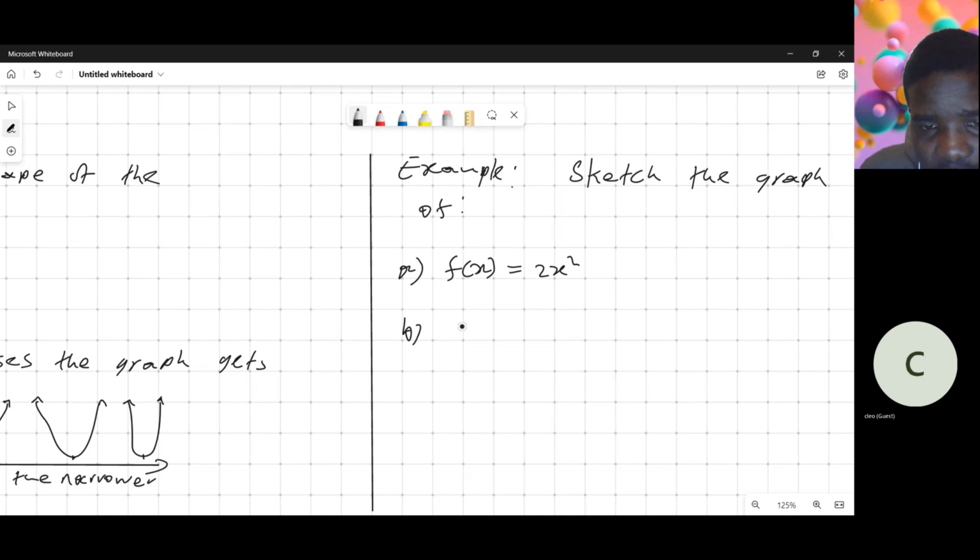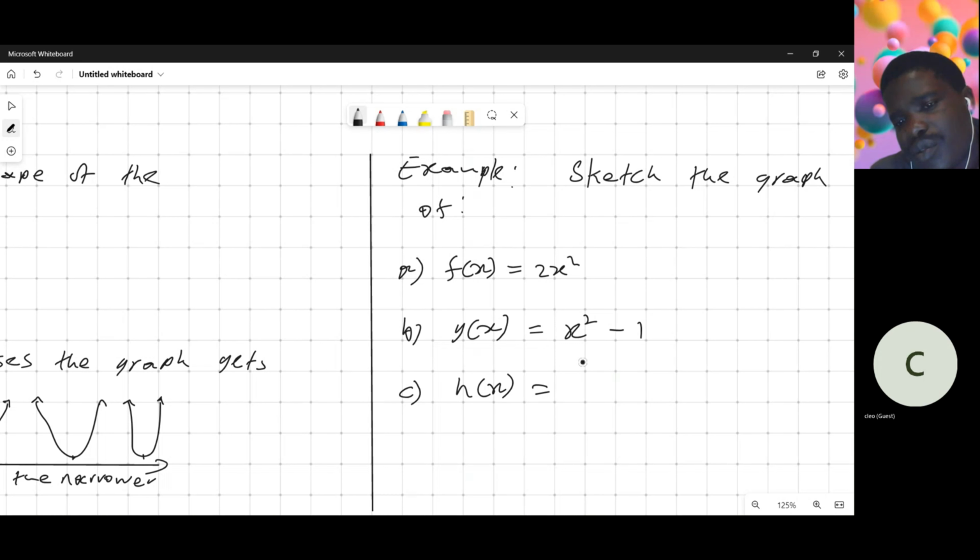Number B, let's have maybe g of x is equals to x squared minus 1. And then number C, let's have h of x is equals to negative x squared plus 1.